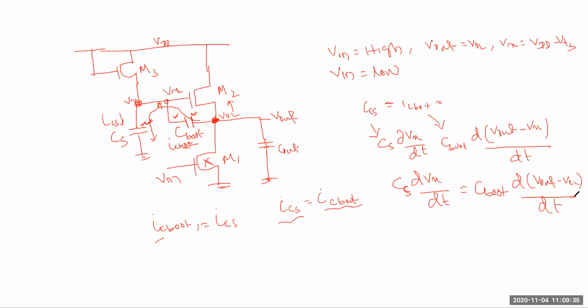Yes, sir, understood. Okay, so the transient current is flowing in this path, both currents are the same, and this is the equation of that current.